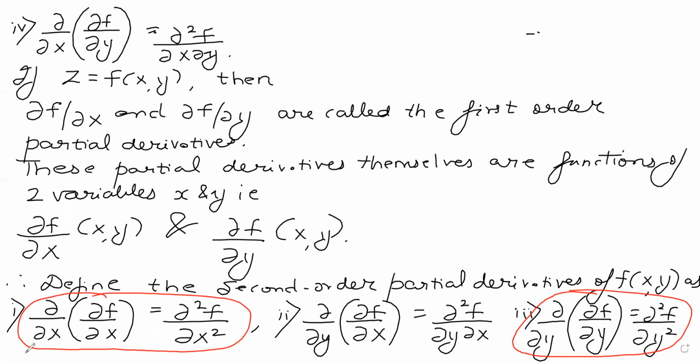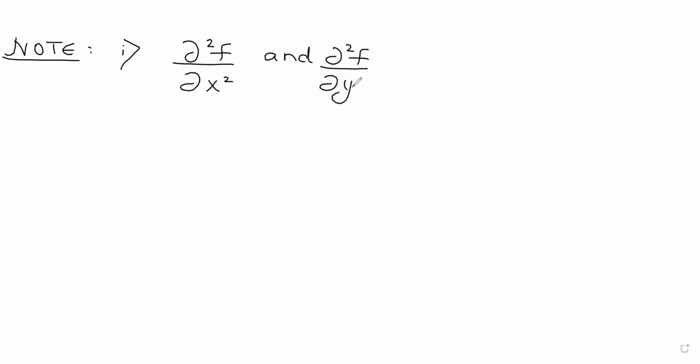Let me erase all of this off and I can write a note as follows. Del square f by del x square and del square f by del y square are called the direct second order partial derivatives.